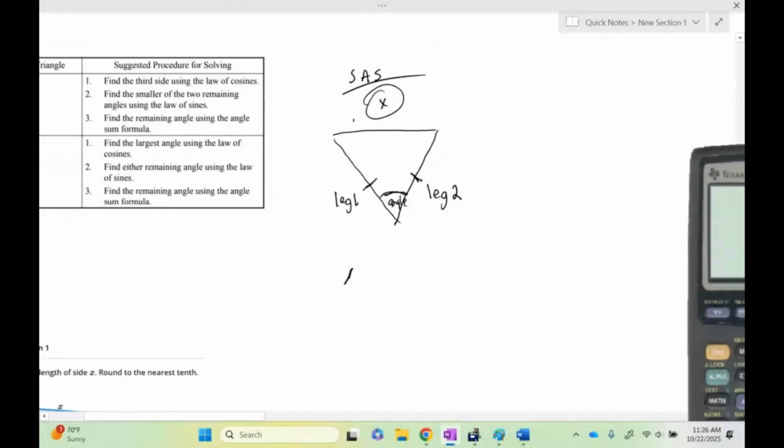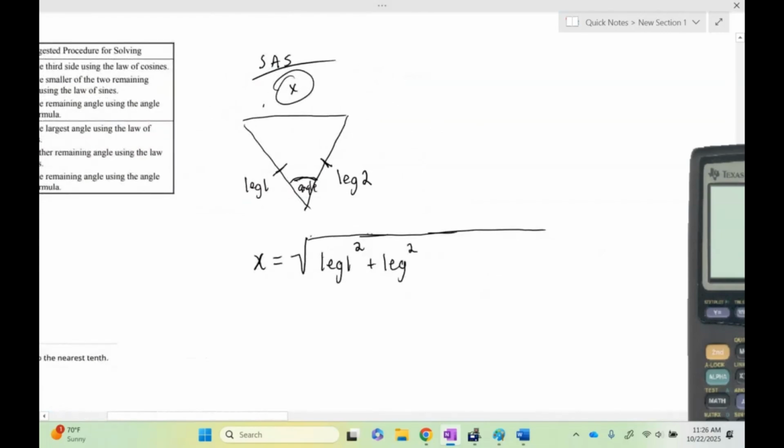To find that third side, that would equal the square root of one of the legs squared plus the other leg squared.